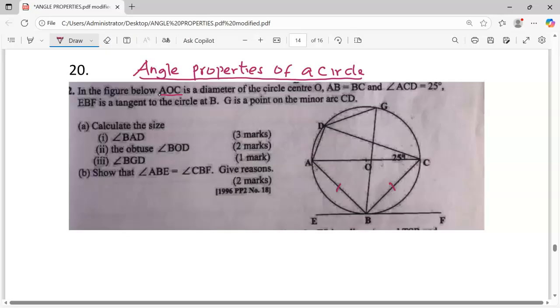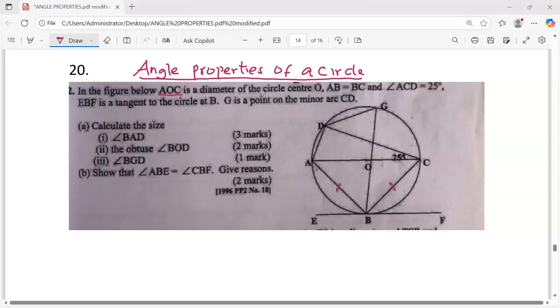EBF is a tangent to the circle at B, and G is a point on the minor arc CD. Calculate the size of angle BAD, BOD, BGD. Then show that angle ABE is equal to CBF, and give the reasons.